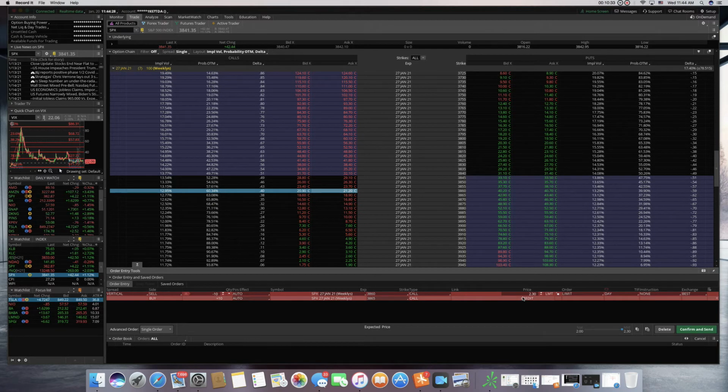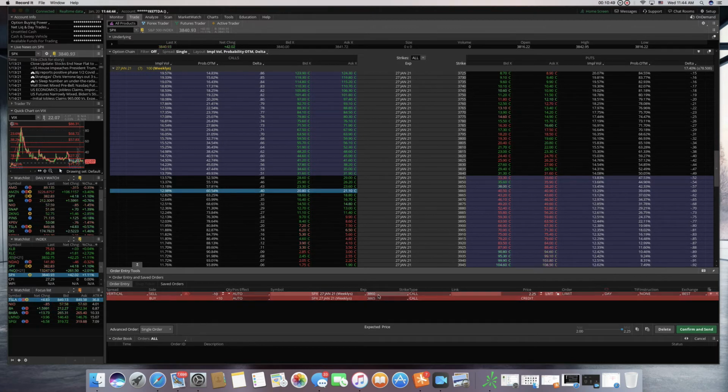So your max profit is always going to be the premium that you receive. Your max loss is going to be the spread between the strike prices minus the net premium received.